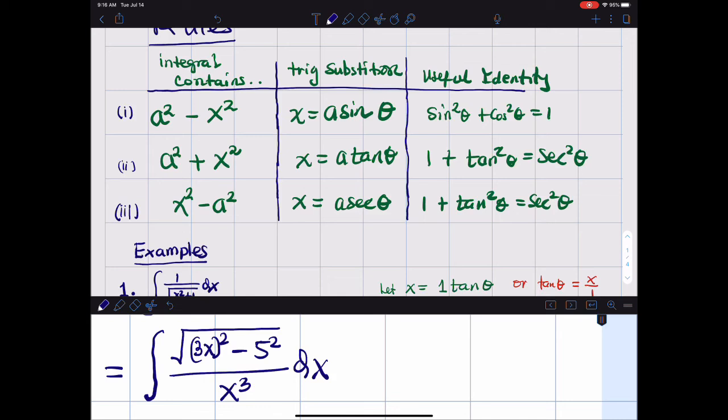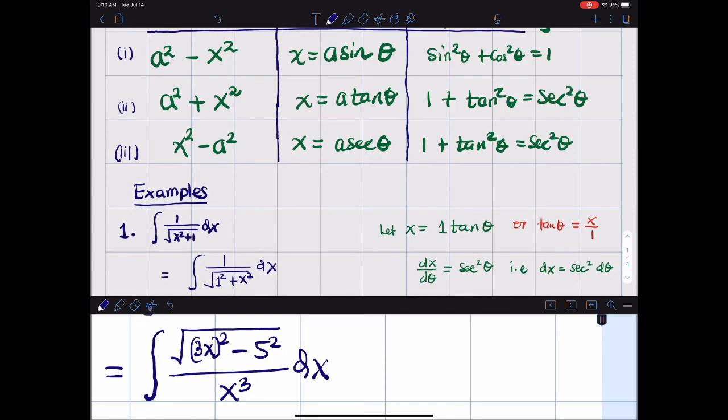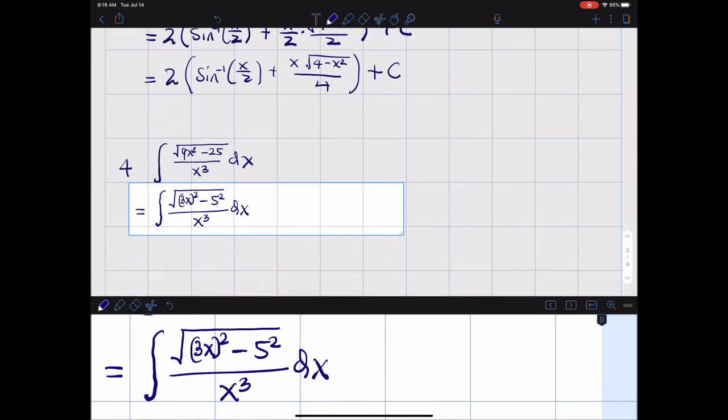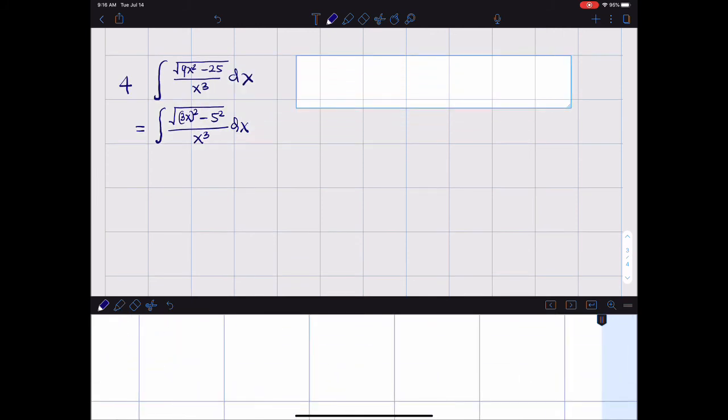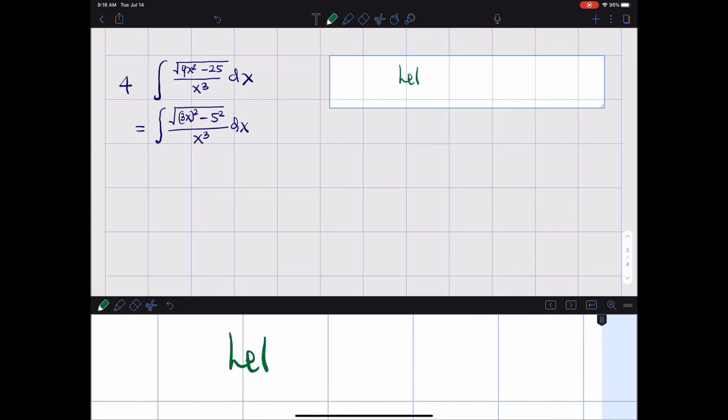Okay, so instead of making x equal to a secant of theta, what you can do is say 3x is equal to a secant of theta. So that's what we're going to do here. Let 3x be equal to 5 secant of theta.